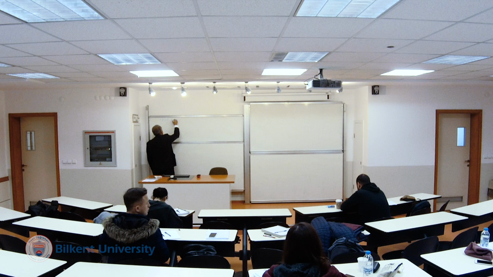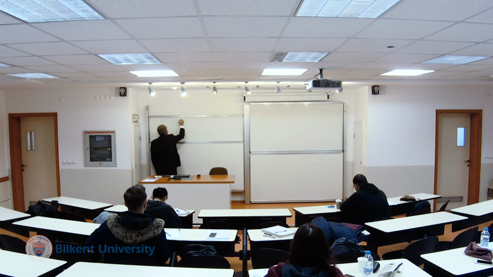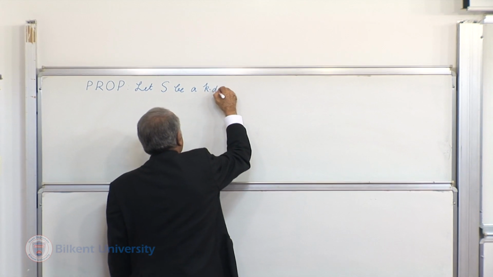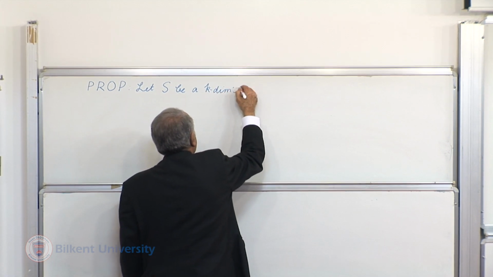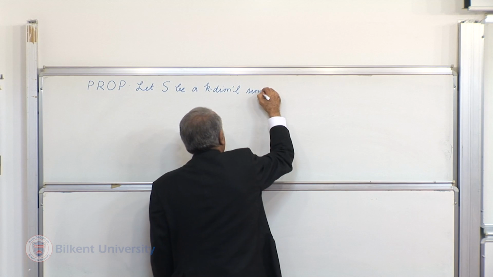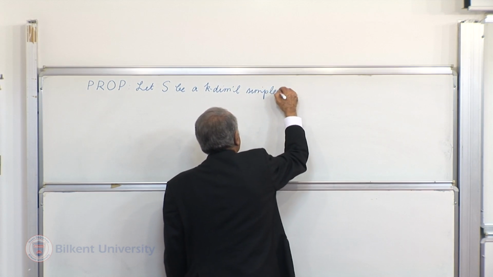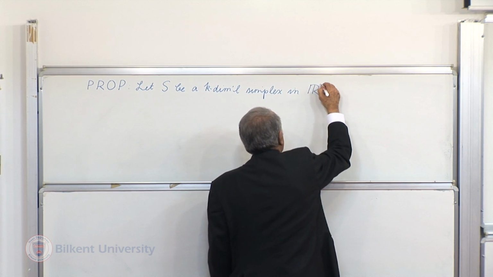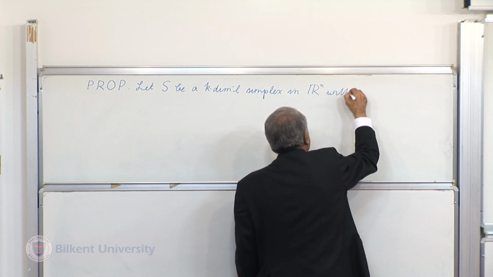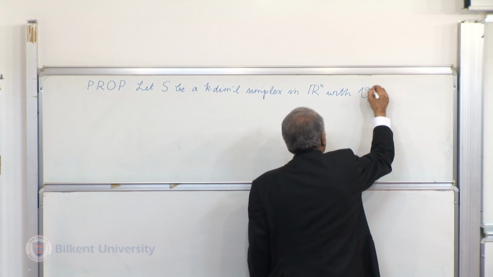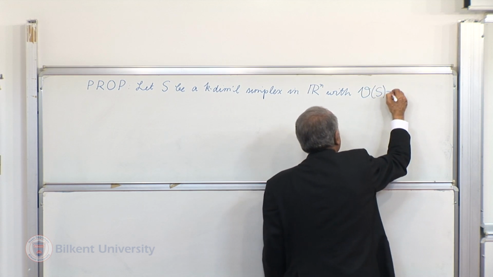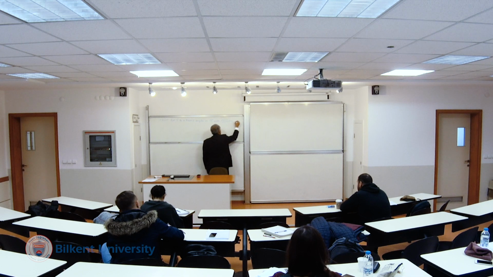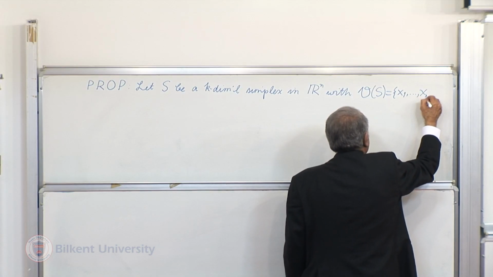Now let S be a k-dimensional simplex in Rn with V of S being x1 up to xk plus 1.